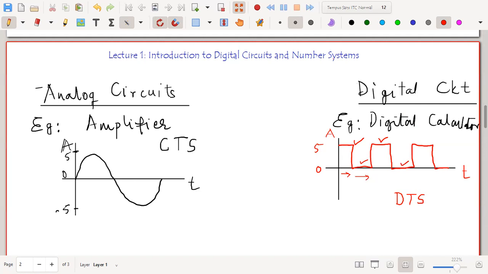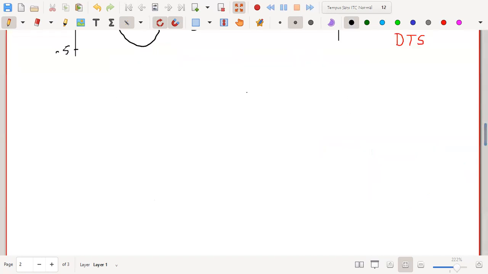So let me now move on to the next one. Let me slide this down, and let us move forward. Now, you know that in digital electronics, various number systems are used. Let me tell you the significance of these number systems first.